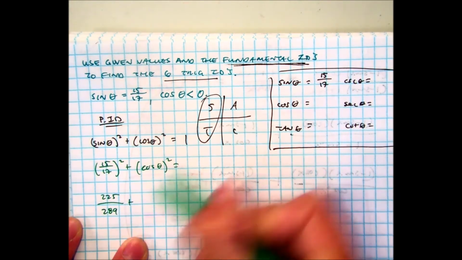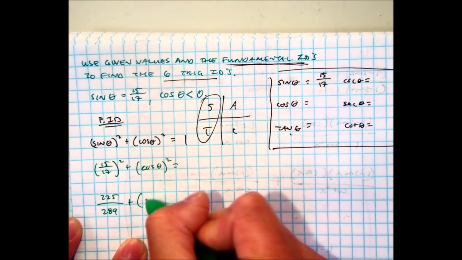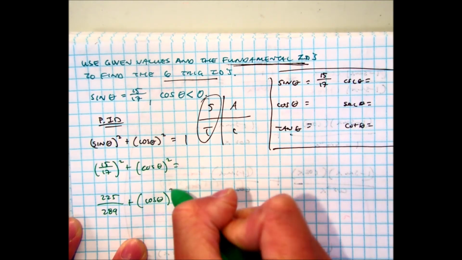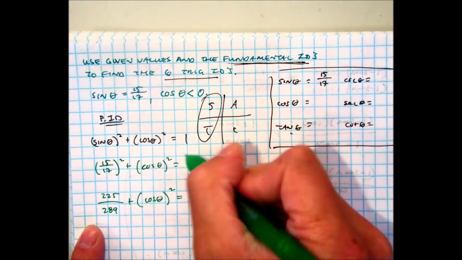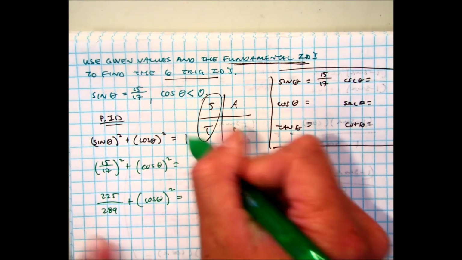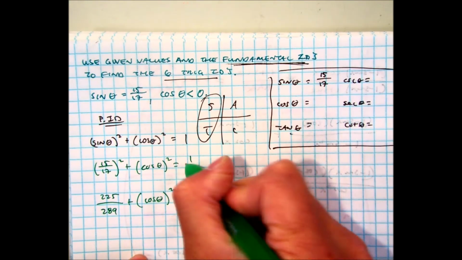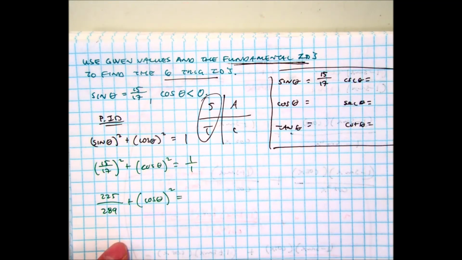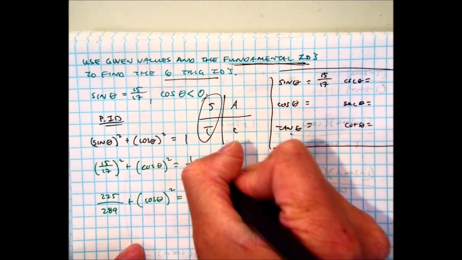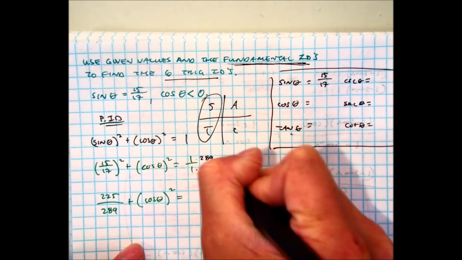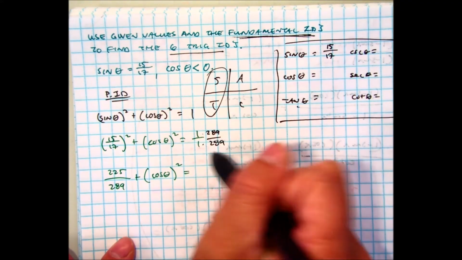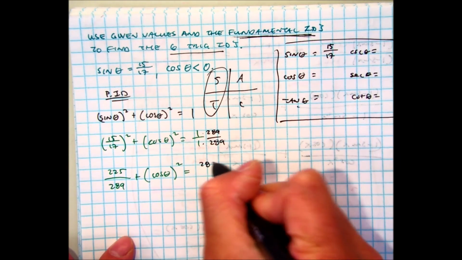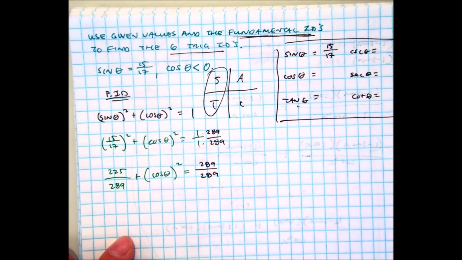So the reason why I didn't write the 1 over here, because think ahead, we're going to have to subtract. Does that make sense? So how do you turn that into a fraction? 1 over 1, and then essentially you're multiplying numerator and denominator by 289, right? Because this gives you the 1 that you need, so 289 over 289.